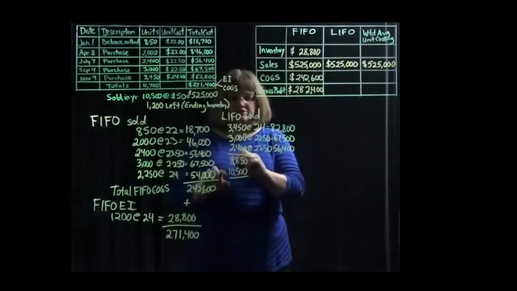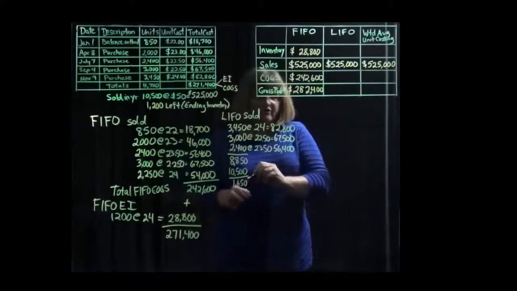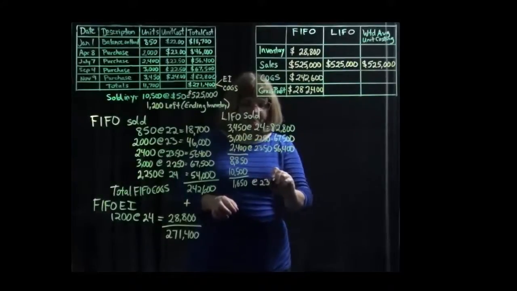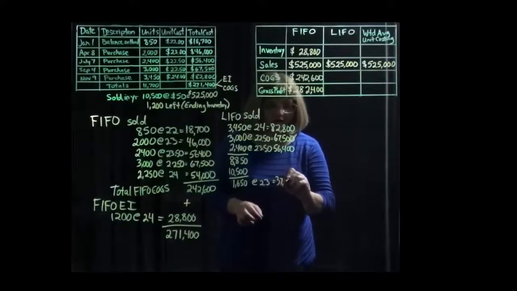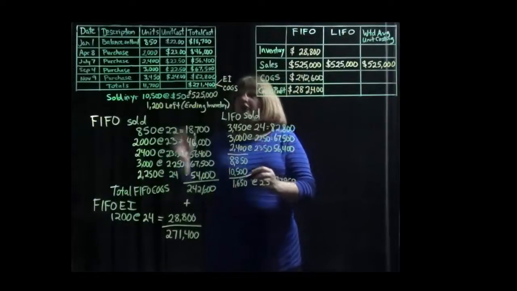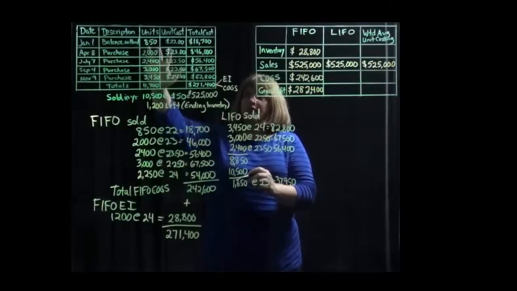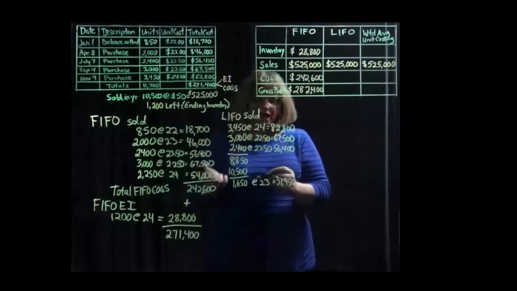And so if we work backwards, if we subtract 10,500 minus the 8,850, we've got 1,650 that we would have sold that cost us the $23, and that gives us a total of $37,950. And that means we've still got 350 of the ones that we paid $23, and we've got 850 of the ones that cost us $22. So we do still have 1,200 on hand.